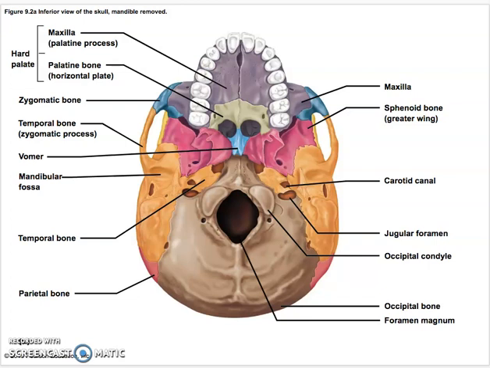Here we're looking at the bottom side of the skull, and we've removed the mandible just to give us a better view. So here we can see what's called the hard palate. And the hard palate is made out of two bones. Part of it's that upper jawbone called the maxilla, and then behind that is a bone called the palatine bone.